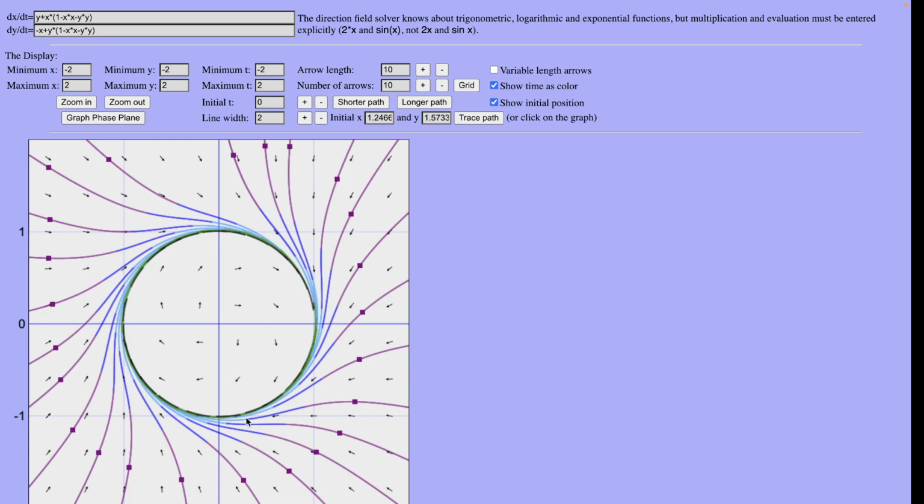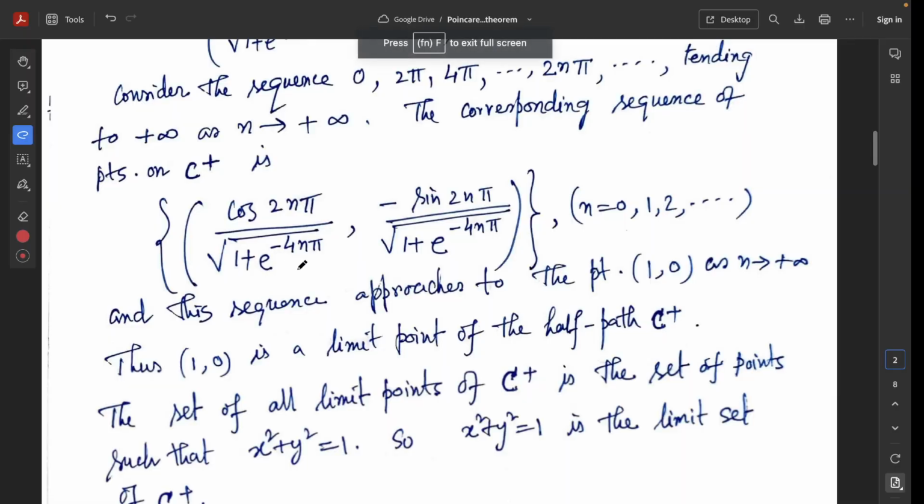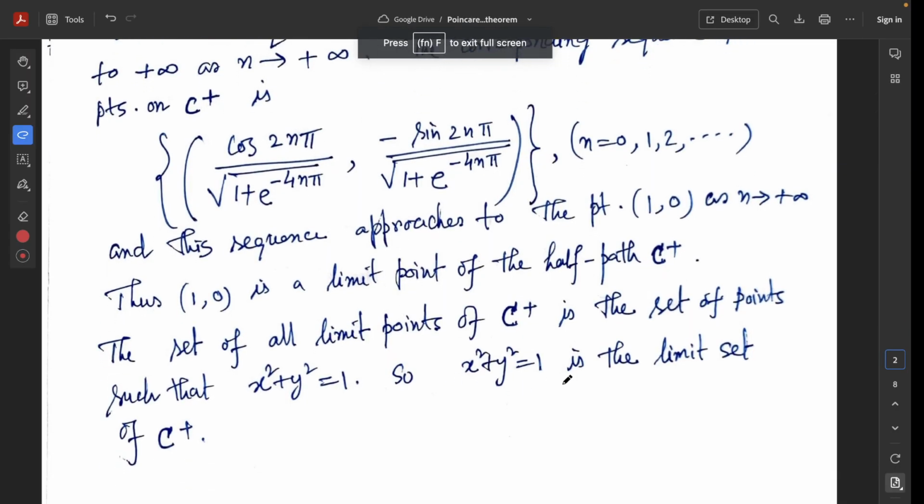This point is (1, 0), this point is (0, 1), this point is (-1, 0), and this point is (0, -1). So this unit circle, x square plus y square equal to 1, is the limit set of C plus of this system.